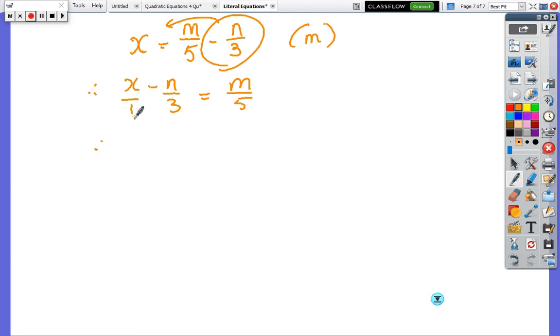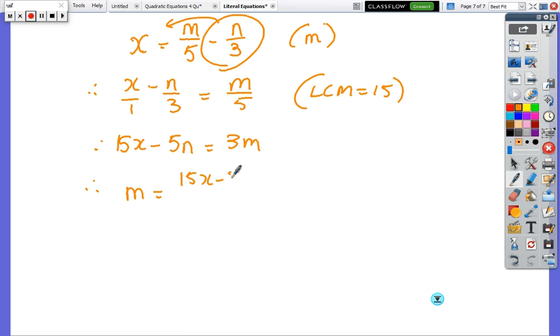Lowest common denominator is 15, so therefore multiply through by 15, so 15x plus 5n equals 3m, so n equals 3m minus 15x over 5, and strictly speaking you could factorise the top, so that answer's right, but also is that answer as well, so it just depends, both answers are right.